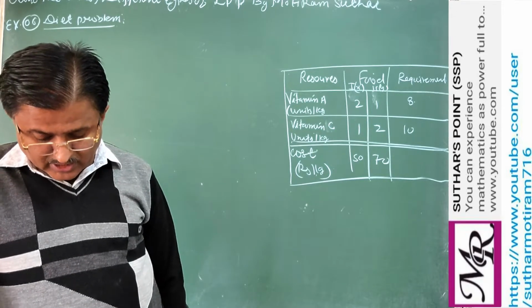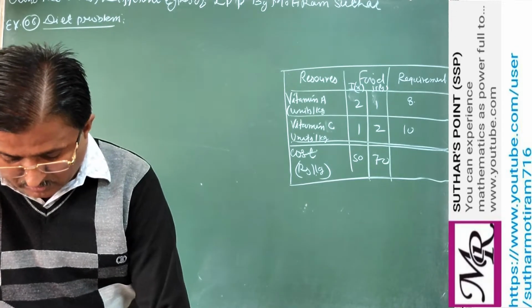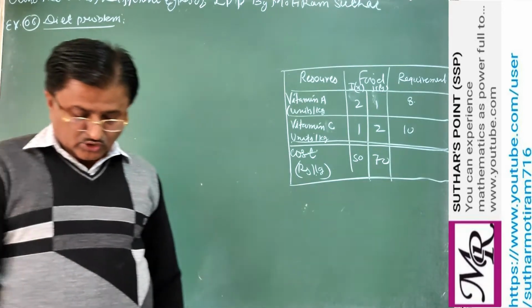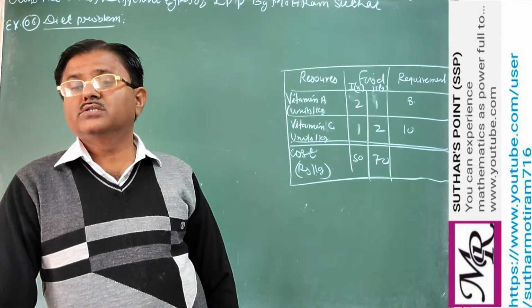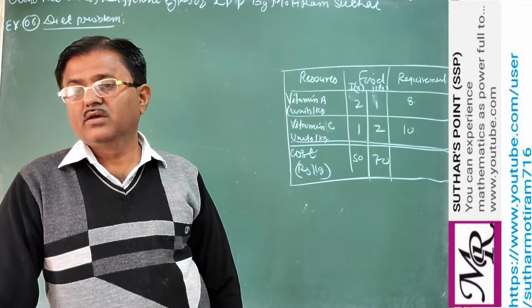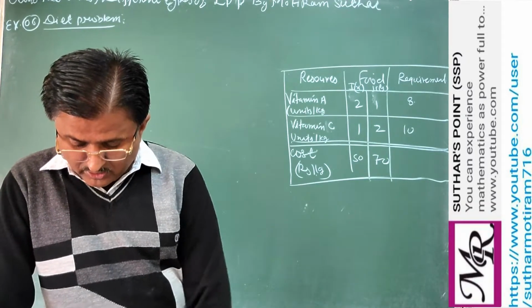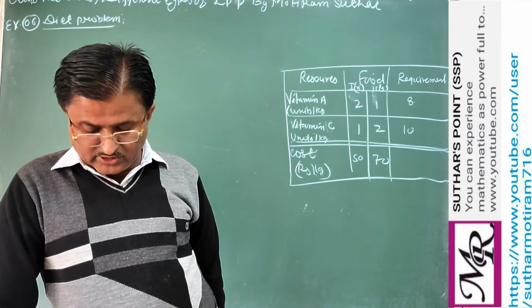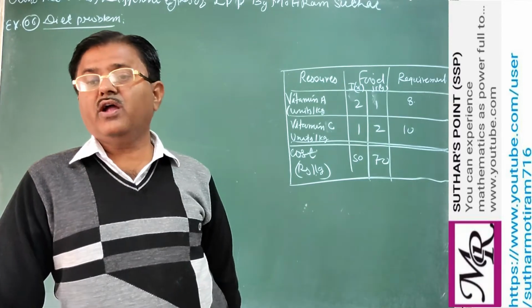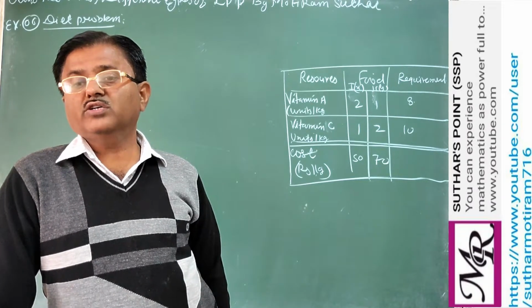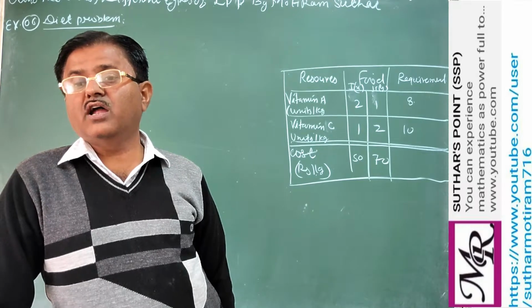And in the transportation problem, we determine the cheapest way of transporting a product from a plant or factory situated in different locations to different markets. So first we consider the diet problem.